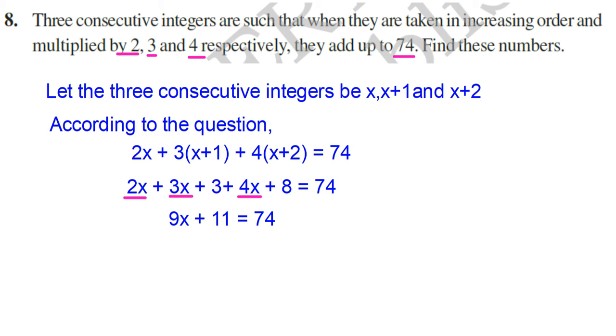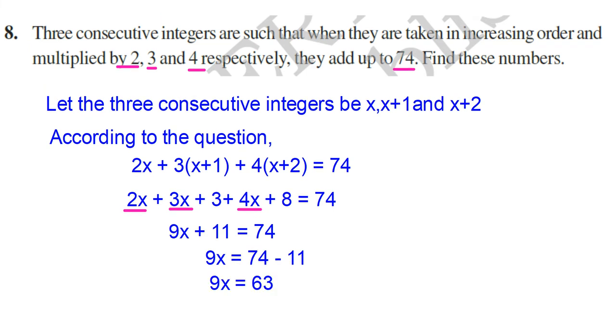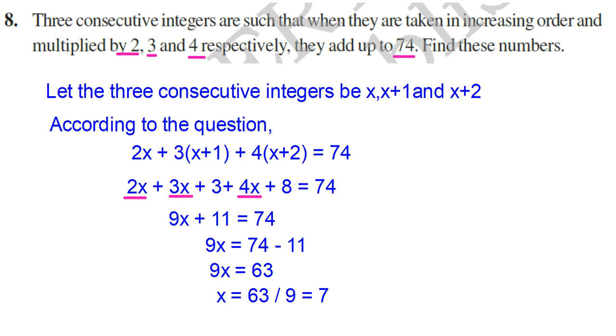What will you get? 9x is equal to 74 minus 11. That is 9x is equal to 63. x is equal to 63 by 9, which is equal to 7. Therefore, we can conclude that the numbers are 7, 8 and 9. That is 7, 7 plus 1 and 7 plus 2.